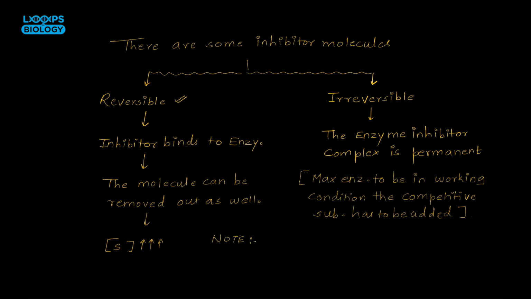Sometimes there are two more cases of inhibitor, where substrate and inhibitor mimic each other. That means the shape and size of the inhibitor and substrate are the same.